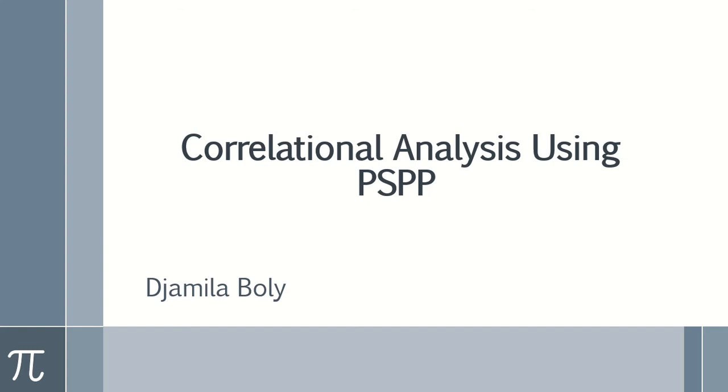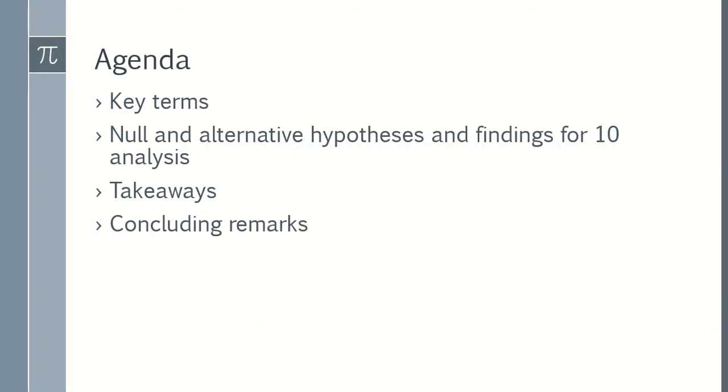Today, I will be talking about correlational analysis, and the analysis of the data will be done using PSPP. Now, in terms of the agenda, we'll first look at some key definitions.